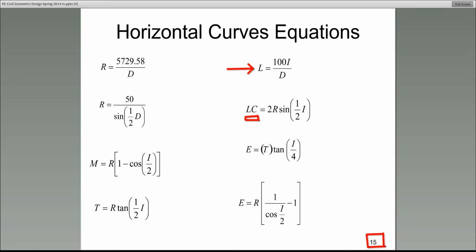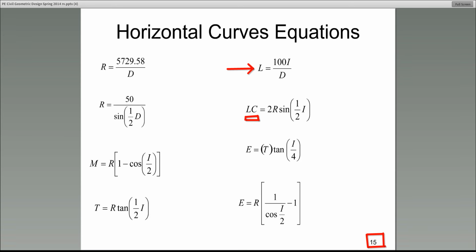All right? A couple of you are asking about the angle D. D stands for the degree of curvature, and as I said before, I will define it for you in just a second or two. Also, Jeremiah is asking, what does E stand for? It stands for external distance.